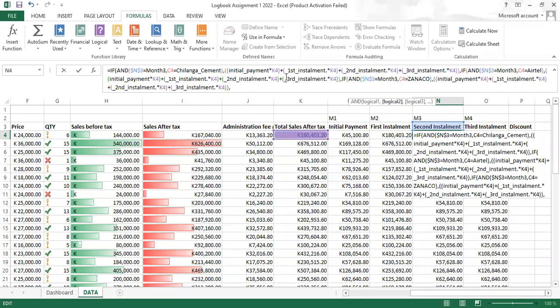Now for Zanaco, there will be no month 4. So you remove the installment for month 4 here. You remove this, including the brackets, including the plus. So just close the bracket there. Okay. Are you okay up to here?